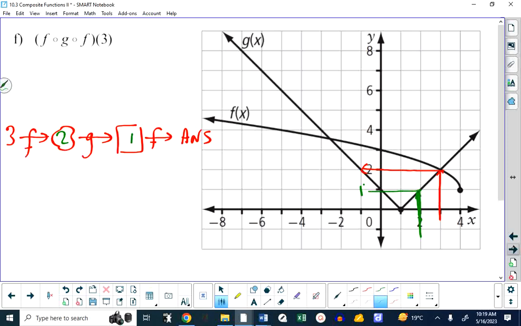And 1 goes into F. What comes out of F is 2.7, 2.8. Take your pick. Did you say 2.8? Okay. We'll go with 2.8. But if you said 2.7, I think that would be fine. I don't think 2.6 would be good. I don't think 2.9 would be good.